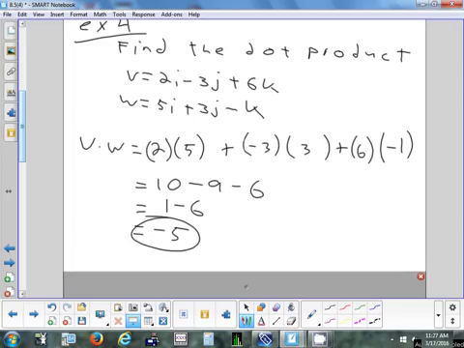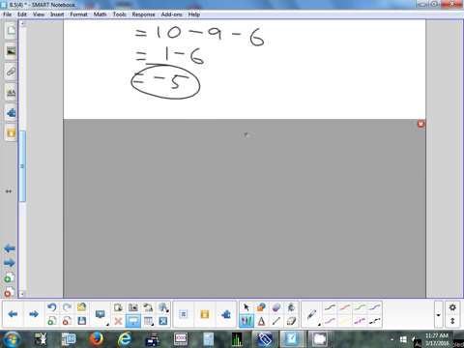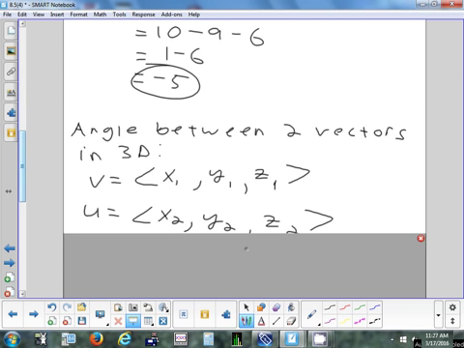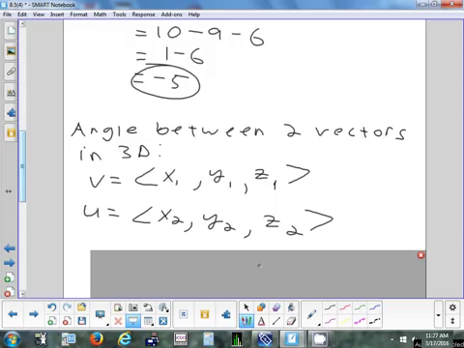Now, once we have the dot product, what does that allow us to do? Yeah, it helps us to find the angle between two vectors. What was our formula to find the angle in 2D?